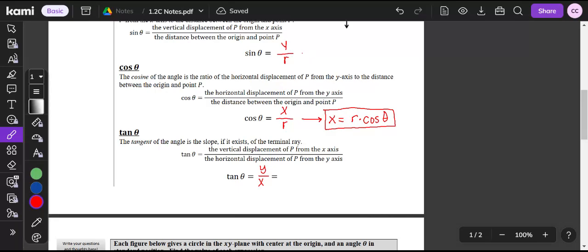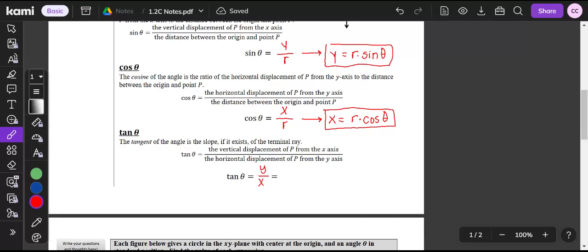And if I do the same thing for my sine function, if I rearrange it for y, this is going to be y is equal to r times the sine of theta. I'm going to put a box around that.